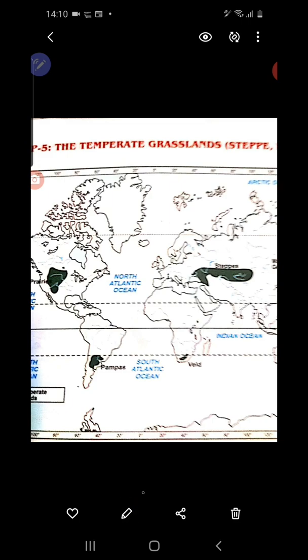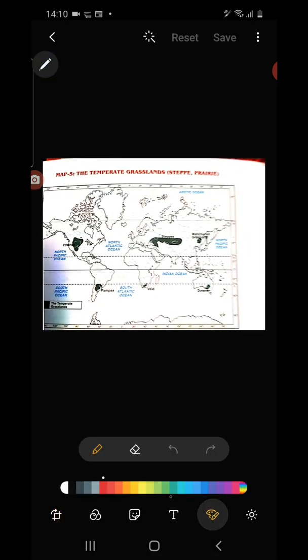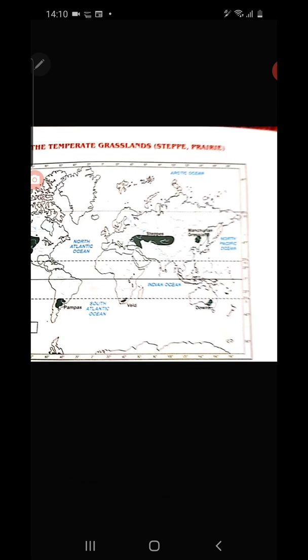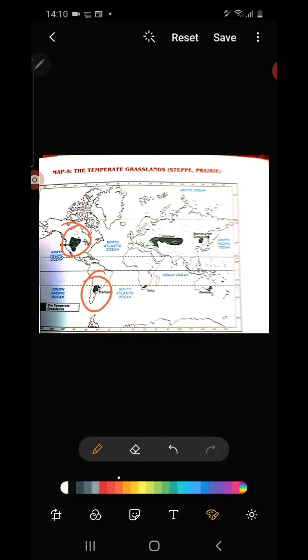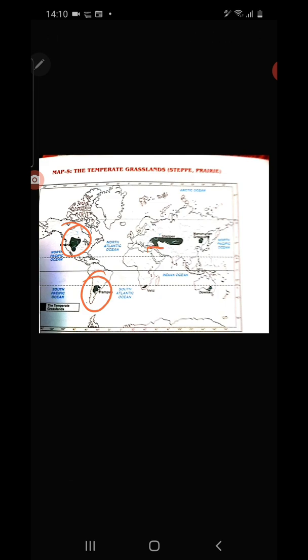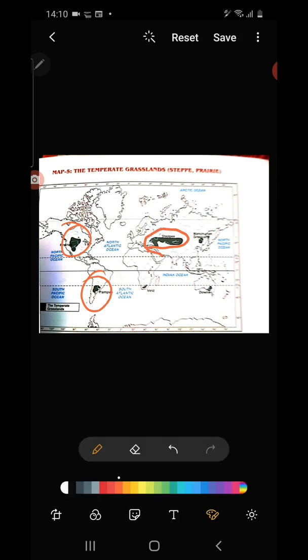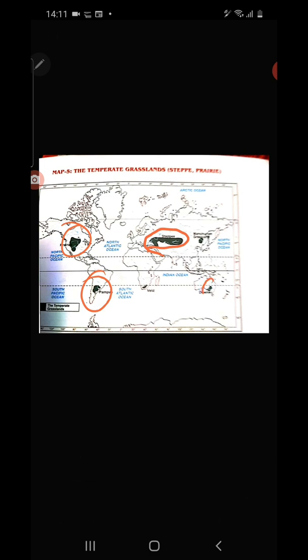They are lying in the North American continent, then South America, then Central Asia, that means it is extending up to India. And some part of Australia and also Africa.